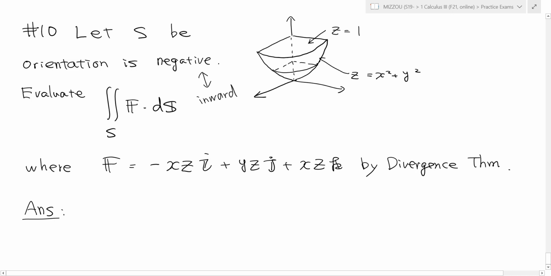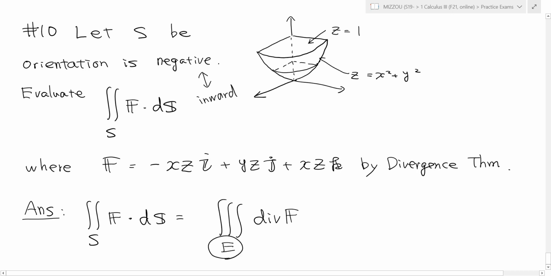Now, let's compute the surface integral of the vector field, where the vector field is given this way, by using the divergence theorem. So this is in a way a straightforward exercise using the divergence theorem. The given surface integral now becomes a triple integral of the divergence of f over the solid E, where E is everything inside S, so everything inside this paraboloid.